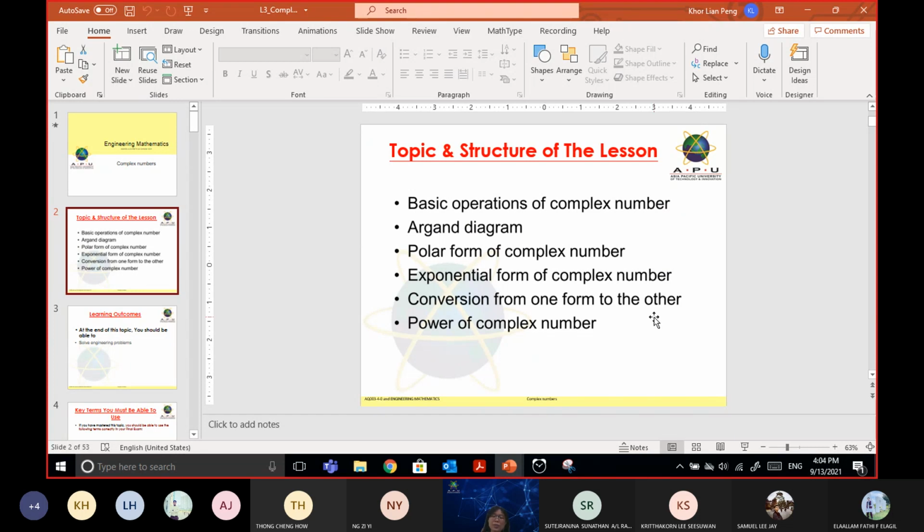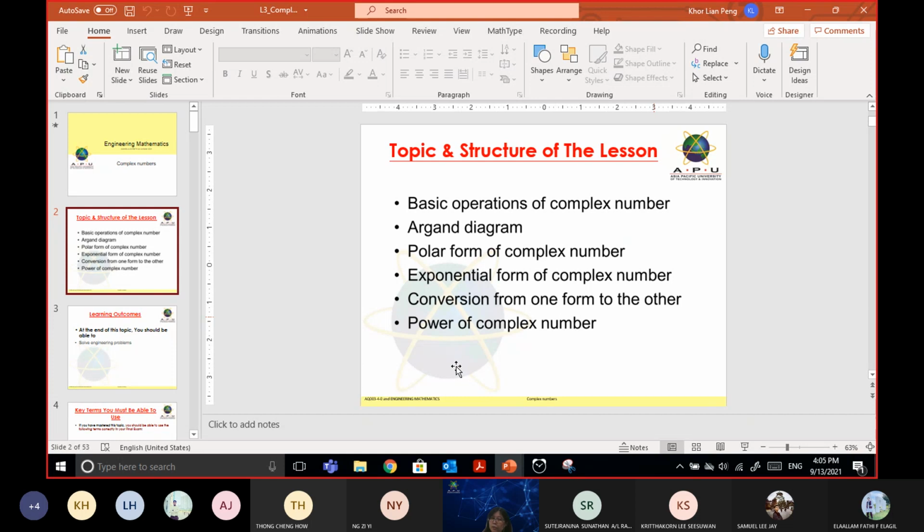Before we start, let's look at the topics and structure of the lesson. We are going to go through the basic operations of complex numbers. Then how complex numbers can also be presented in the Argand diagram. Then there are different forms of complex numbers: polar form, exponential form, and conversion from one form to another.